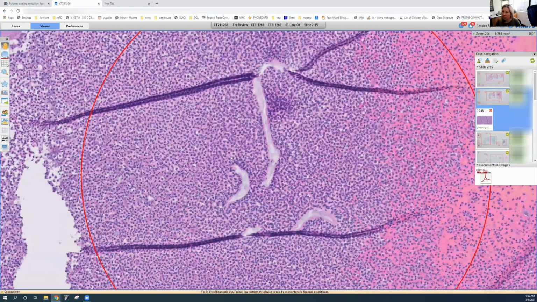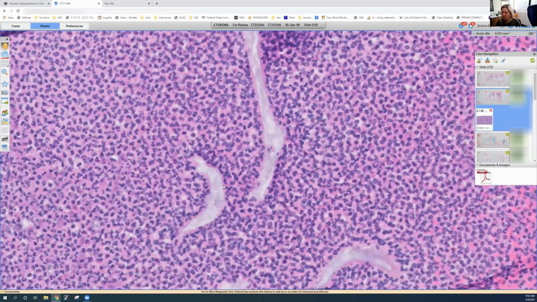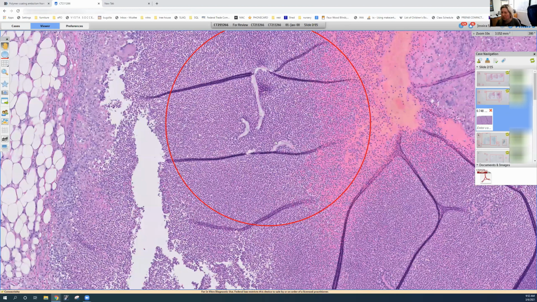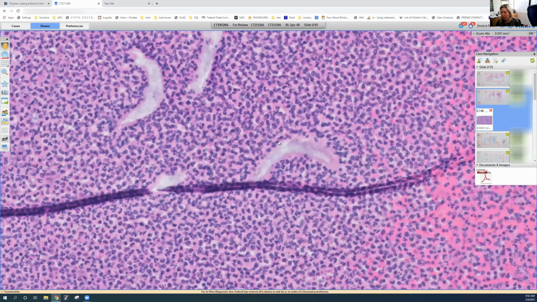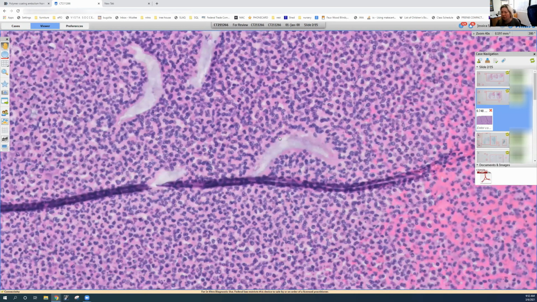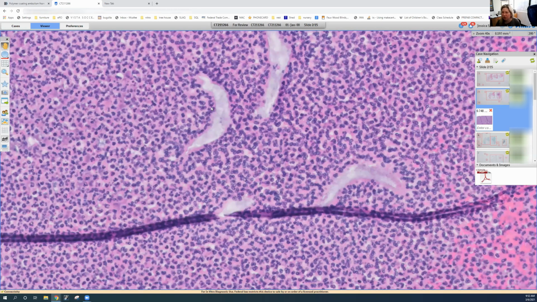And then in the middle of this, we have this kind of bluish material, which doesn't really look like anything that I'd seen before. I thought it was maybe some grunge artifact. It doesn't really look like talc, doesn't really look like any infectious organism that I've ever seen before.